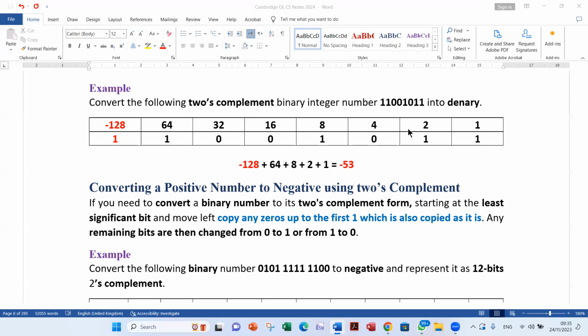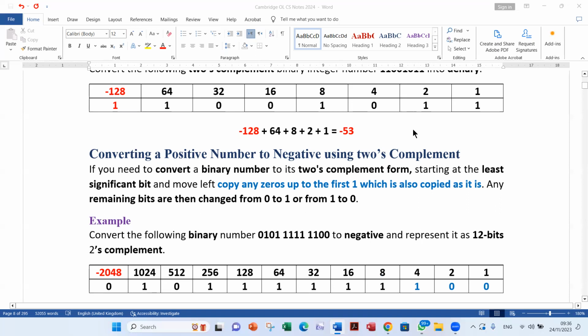This needs clarification, so I will show you an example. Any remaining bits are then changed from 0 to 1 or from 1 to 0. When you see it once, you will know it easily, inshallah.